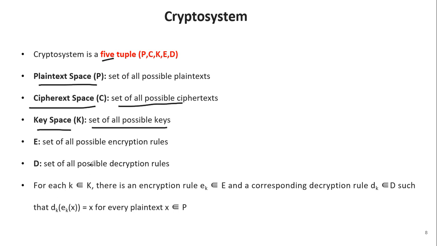For each k which belongs to the set K, there is an encryption rule EK which belongs to E, and a corresponding decryption rule DK which belongs to D, such that when we encrypt X using the encryption algorithm, and on that encrypted text, the cipher text, we apply the decryption algorithm, EK and DK cancel each other and we get our original plain text which belongs to P.